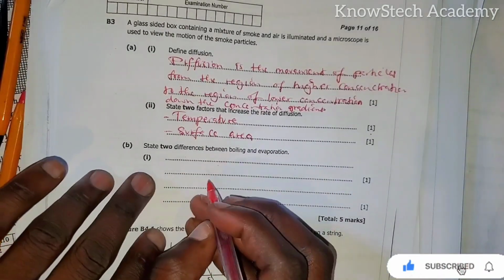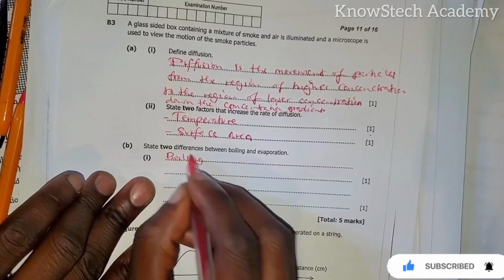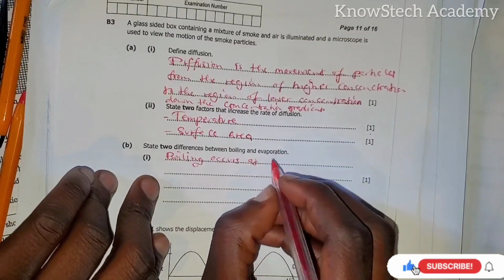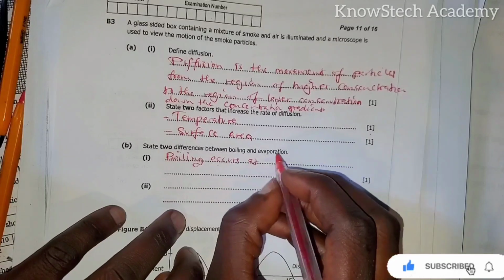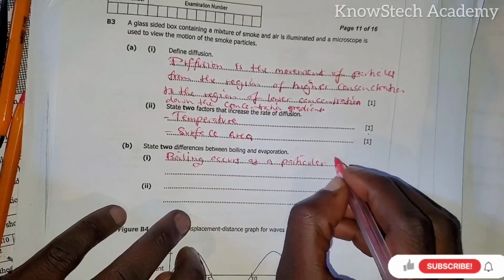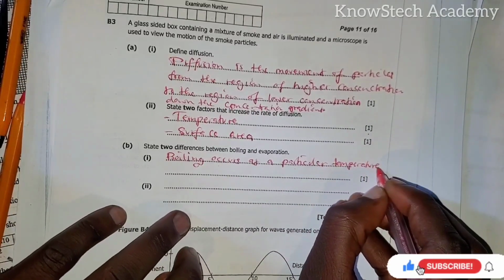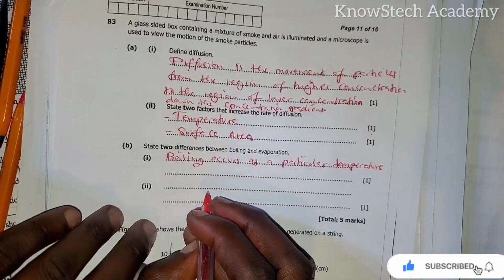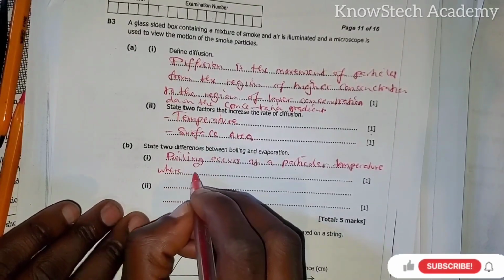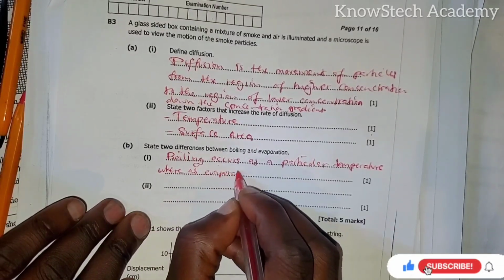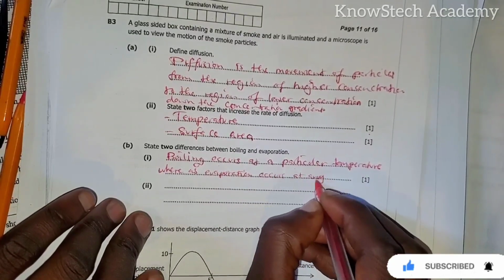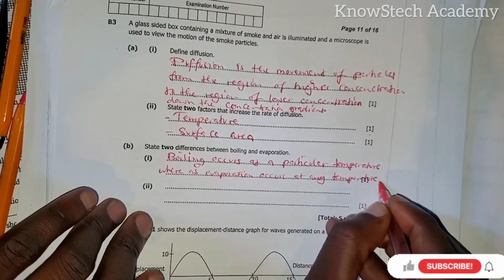Now, you should know that boiling occurs at a boiling point, at a particular temperature, whereas evaporation occurs at any temperature.